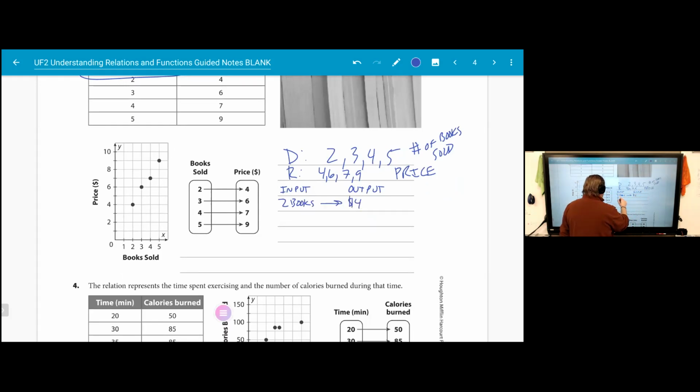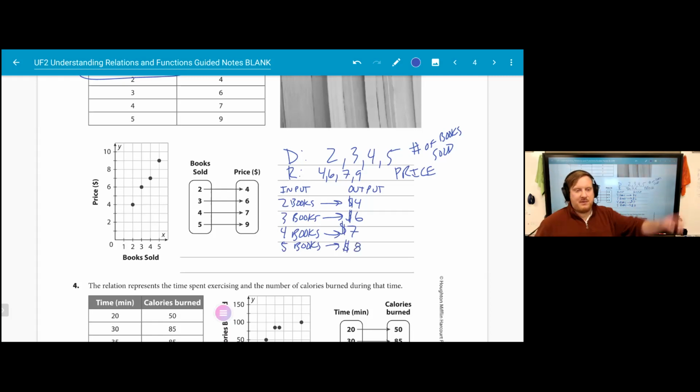If I input 3 books, my output is $6. If I input 4 books, my output is $7. And if I input 5 books, my output is $8.